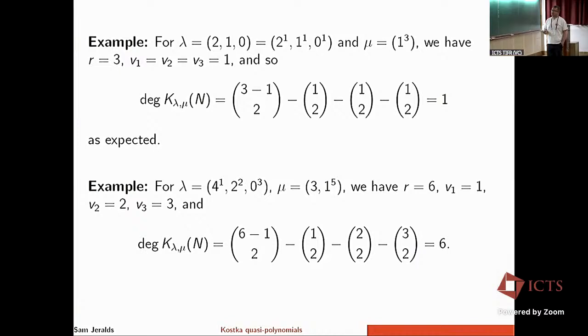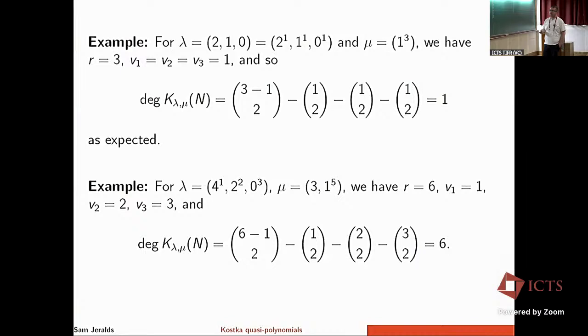As a slightly larger example, I don't have the actual polynomial down because determining the polynomials can be a bit tricky, especially if you're trying to guess what they are just from lambda and mu. But if you took the partition 4, 2, 2, and a bunch of zeros, and then 3, and then 1, 1, 1, 1, 1, then filling in all of the pieces, you get that the degree of this polynomial should be 6.